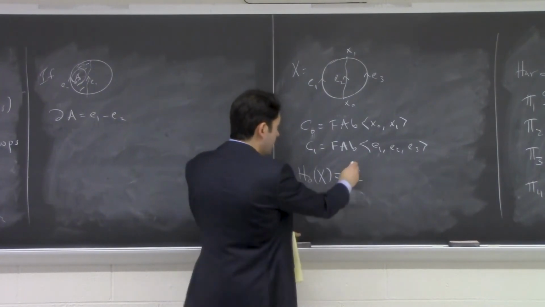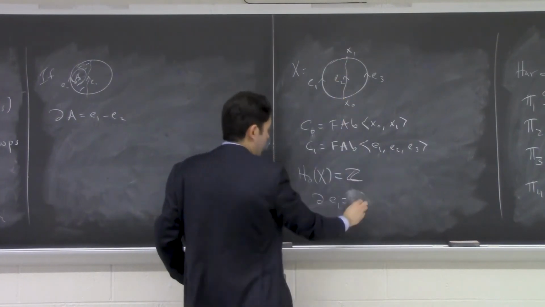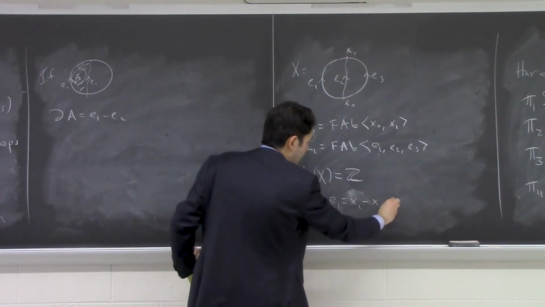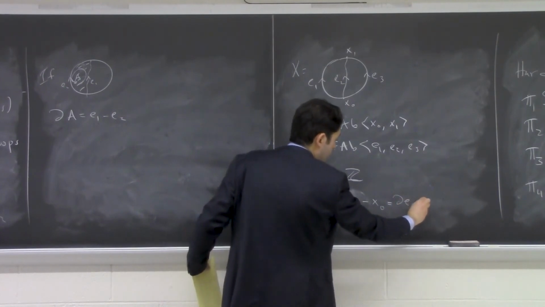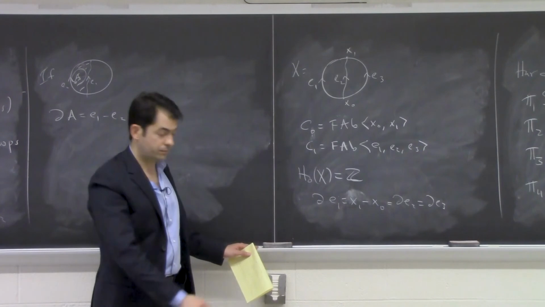Let's look at H1. The boundary of E1 is x1 minus x0. And that's also the boundary of E2 and the boundary of E3. Right?